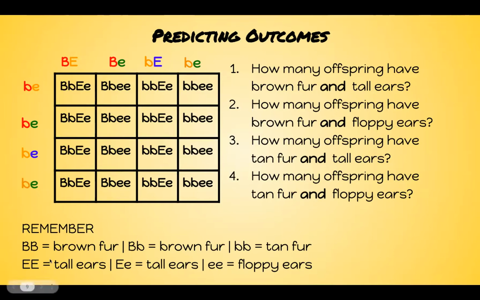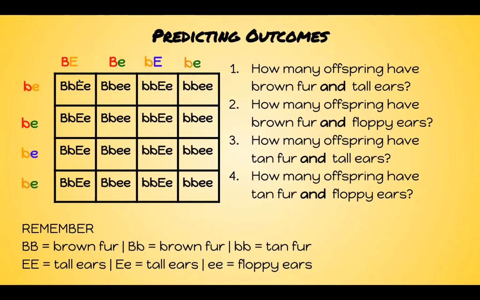All right, so we know brown fur is either going to be uppercase B two times or just one uppercase B. Okay, so let's look. And then we also have tall ears. So we know it can be uppercase E or uppercase E. So let's go ahead and look.